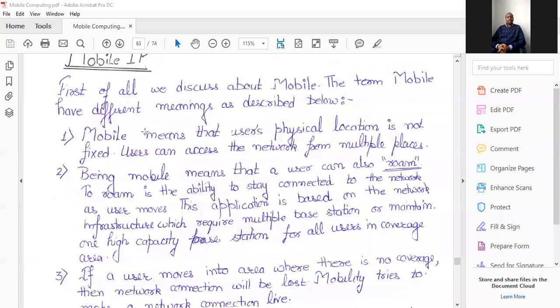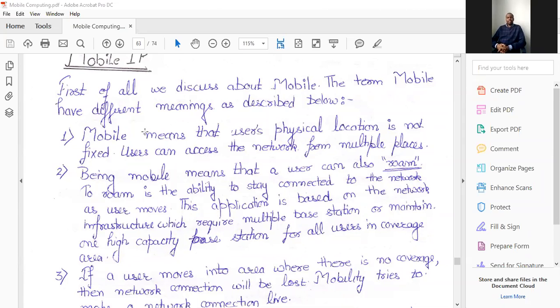Why? Because mobile devices are devices that have some kind of mobility or movement. People can move with them, like smartphones and tablets and also some smaller laptops, which you can move around with easily. So mobile means that the user's physical location is not stationary, it's not static.